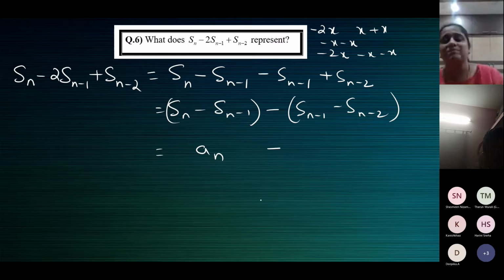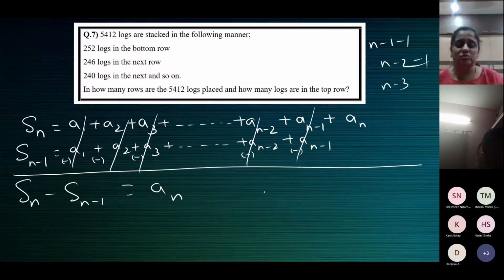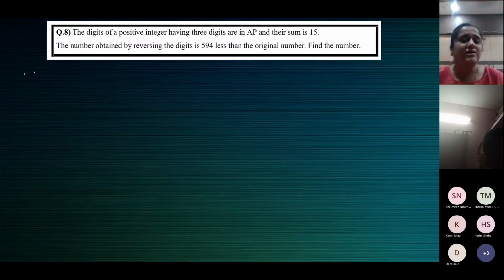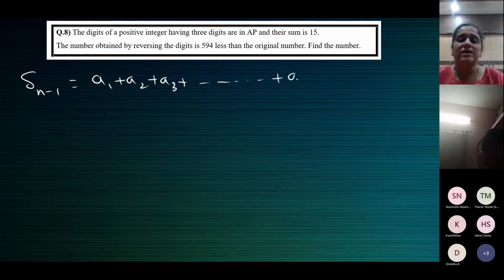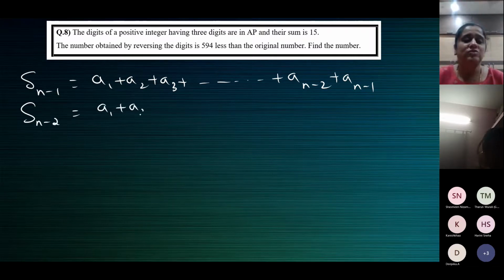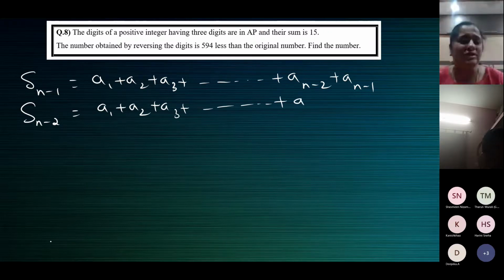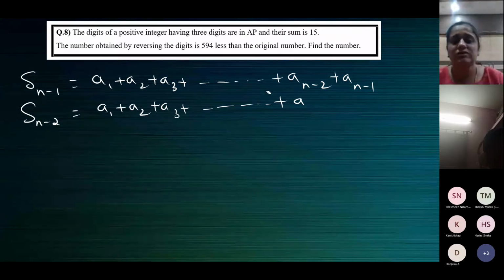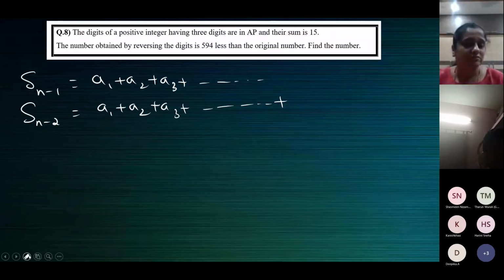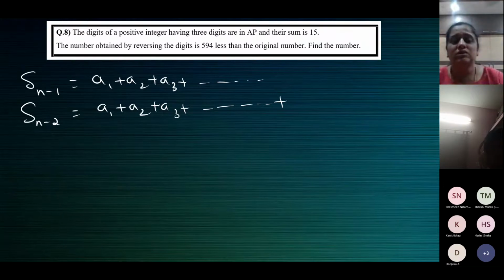Now let's find what Sn minus 1 minus Sn minus 2 is. Sn minus 1 is equal to A1 plus A2 plus A3 plus, goes on like this, plus An minus 2 plus An minus 1. Sn minus 2 is equal to A1 plus A2 plus A3 plus, goes on like this, plus An minus 3 plus An minus 2.